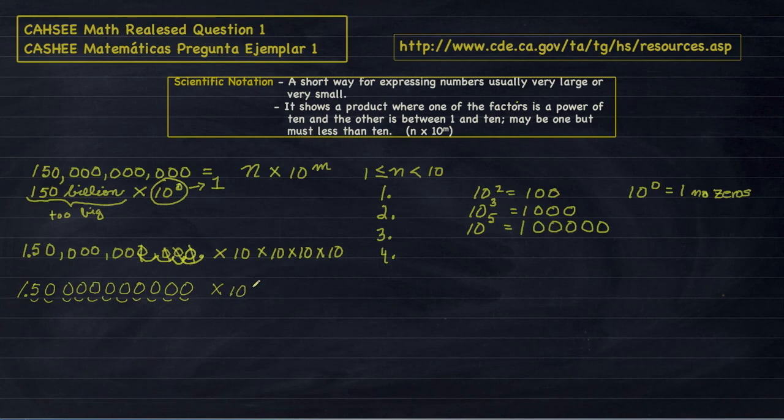So times 10, times 10, times 10, and so on, times 10. 11 of them, because since I'm moving this point 11 places, I should end up with 11 tens.